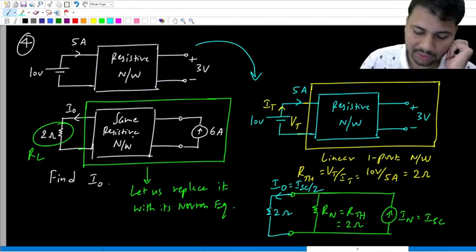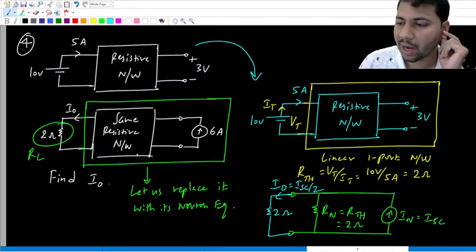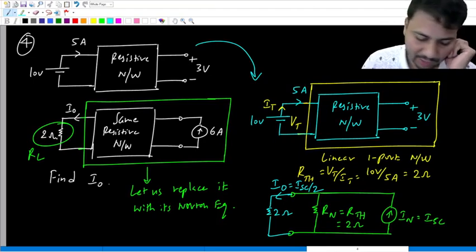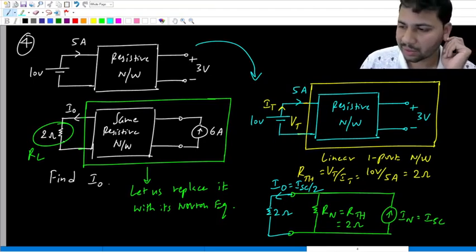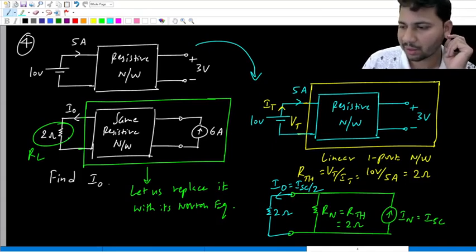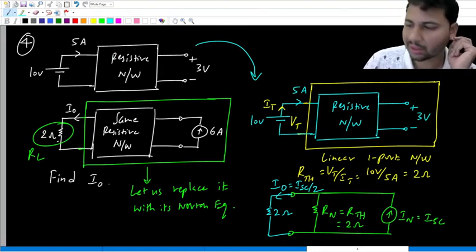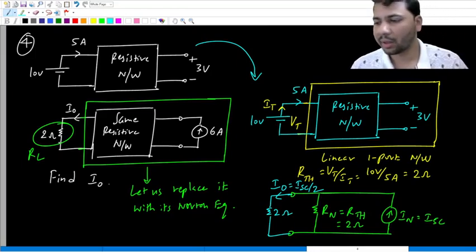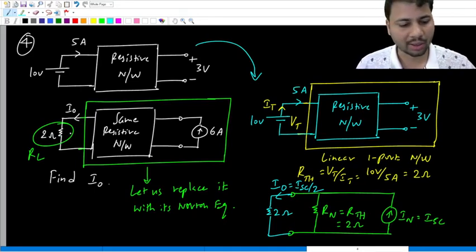Then we replace this green color box with its Norton equivalent, short circuit current in parallel with the Norton resistance, which is the same as the Thevenin resistance, and then we treat the extra 2 ohm resistor as the load. Because in the first circuit the 2 ohm resistor is not present. In the second circuit only we have this extra 2 ohm resistor, so that is treated as the load. So once you replace the remaining network with its Thevenin or Norton equivalent, we can easily find anything for the load, either the load current or the load voltage.